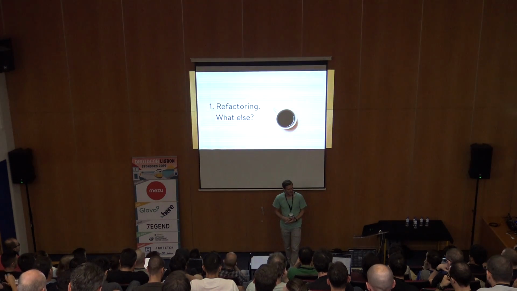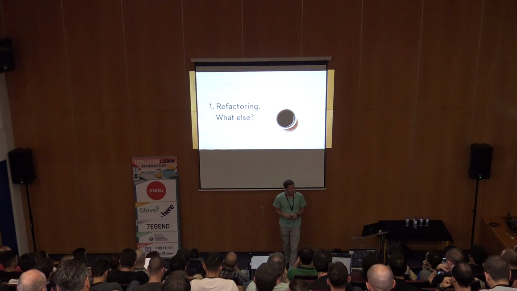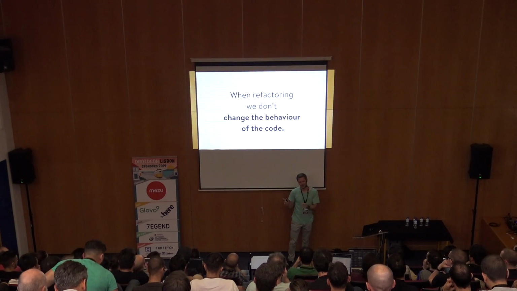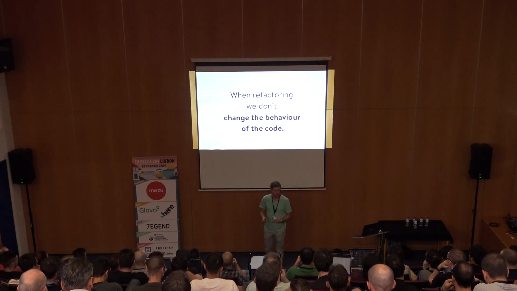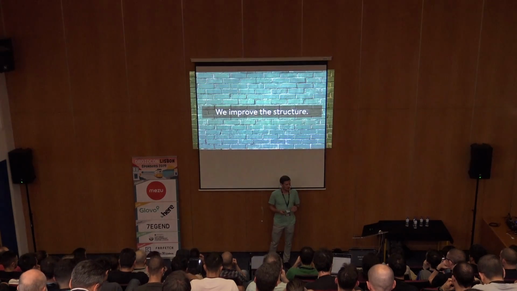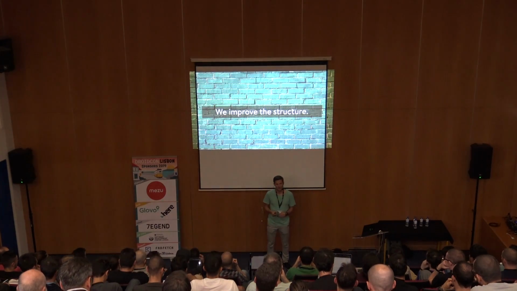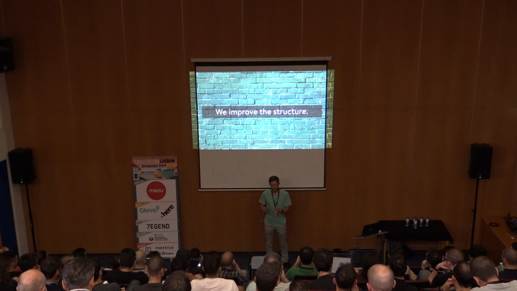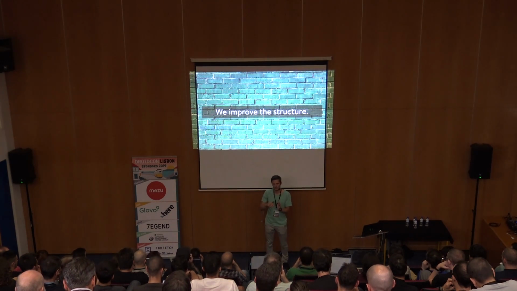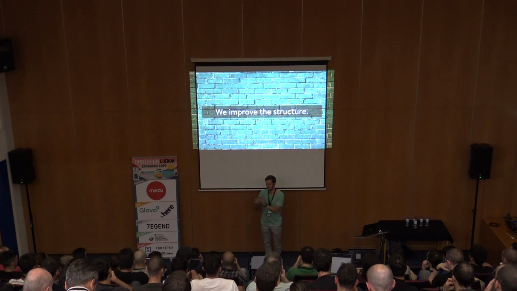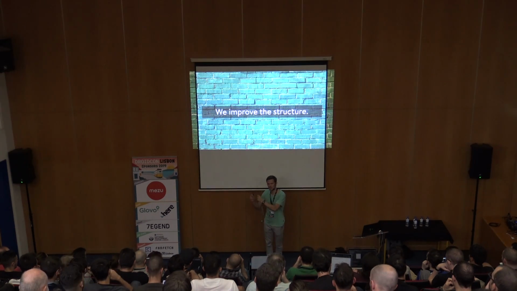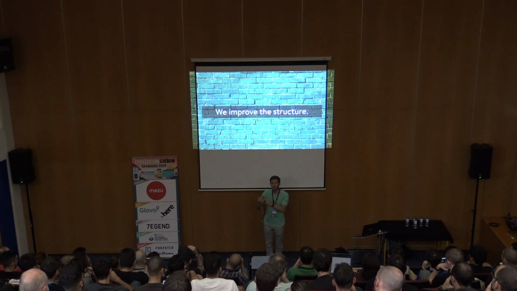The first one is refactoring. Just keep in mind, previously I said, when we refactor, we don't change the behavior of the code. We just improve the structure. So don't mix it up. On Bluetooth especially, you just want to add the abstraction, and if you also say, okay, this doesn't really make sense, maybe I change it a little bit, that can really mess up your code.